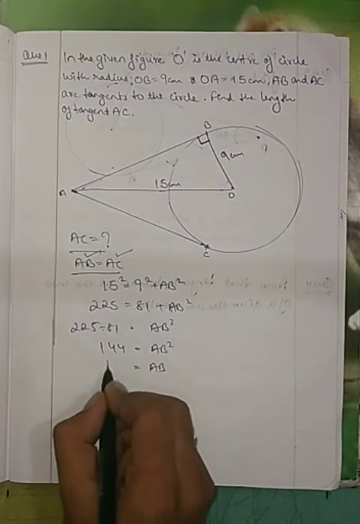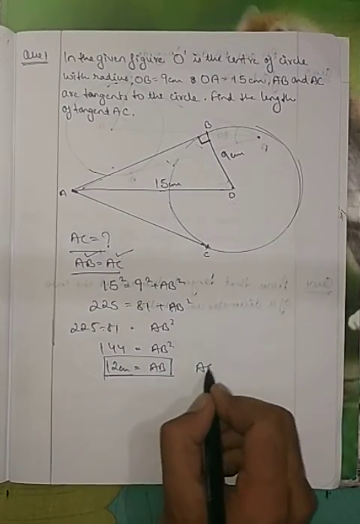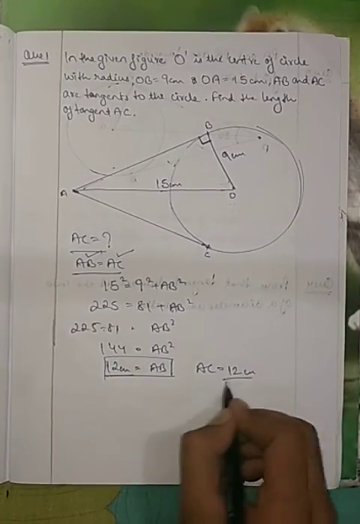And AB comes out to be 12 centimeters. AB is 12 means AC is also 12 centimeters.